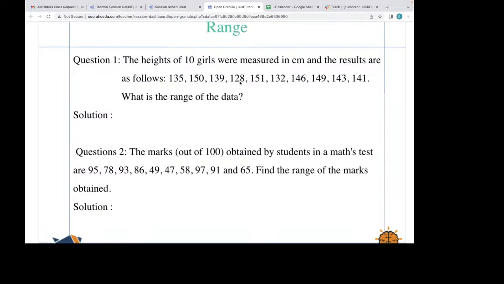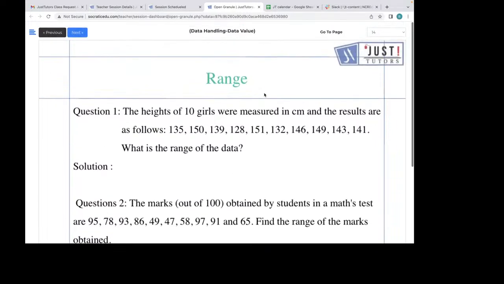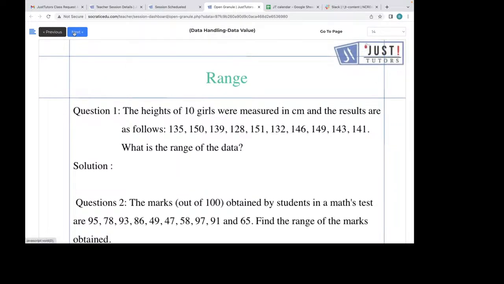For finding the range, first you have to find the lowest value, which is, here I can see, 47, and then the highest value is 95. So the difference of 95 and 47 you can find out, and then you can figure out your range. All right, the difference of 95 and 47 is the range of this data.